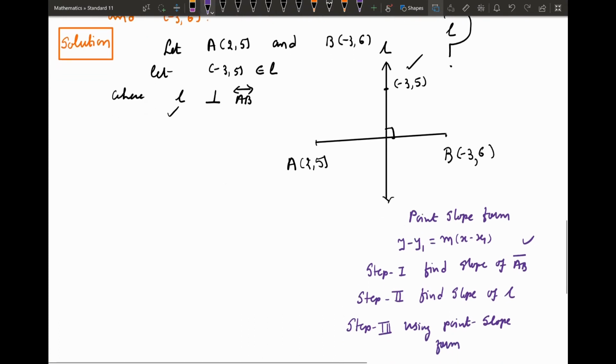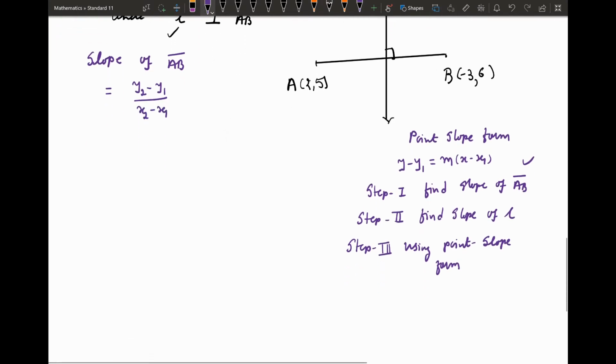So solution: let A (2, 5) and B (-3, 6), and let point P, we give the name point P, (-3, 5). Now the slope of line segment AB, or you can say line AB, by definition is (y2 minus y1) upon (x2 minus x1).